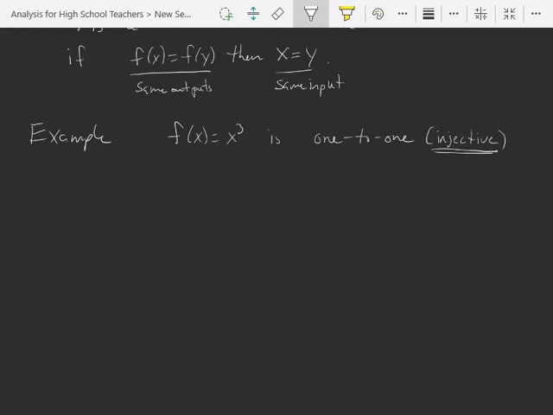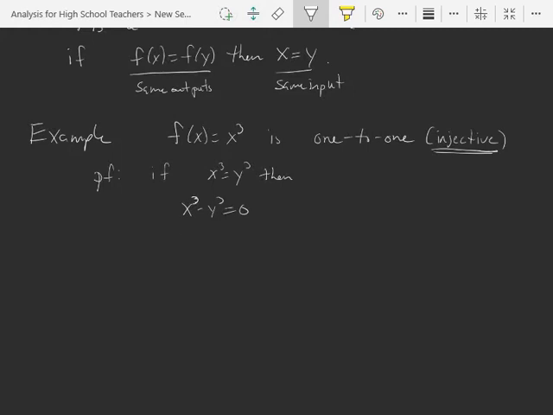So the proof: if, say, x cubed equals y cubed, then we want to show that x is equal to y. So what we have to do is solve this equation, right? x cubed minus y cubed equals 0.